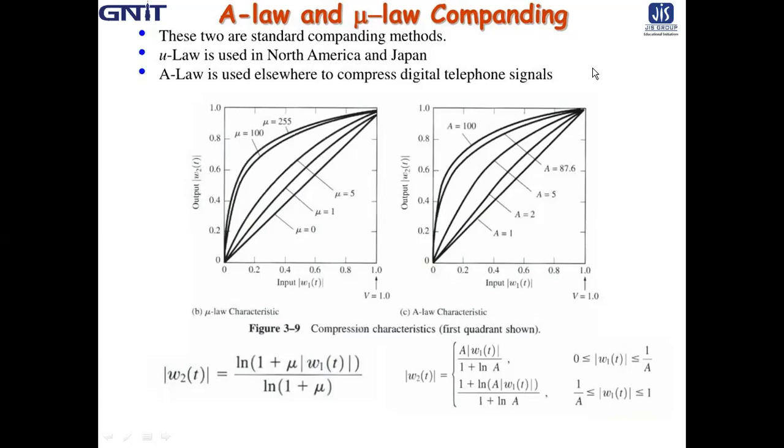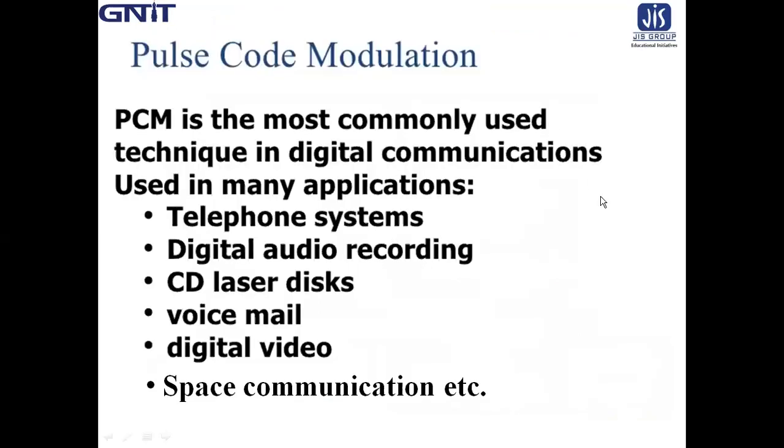Then come the applications of pulse code modulation. In telephony, PCM is used. Also in digital audio recording, CD laser discs, voicemail, digital video, and space communication. Another important application of PCM is space communication.